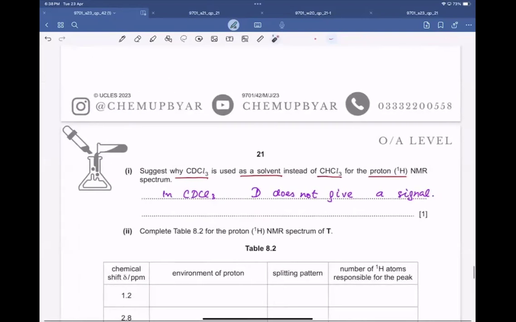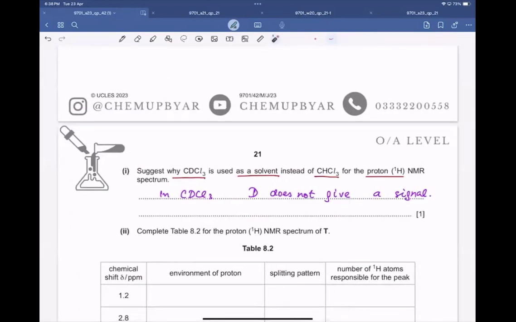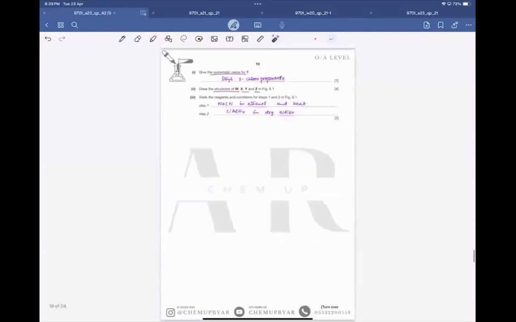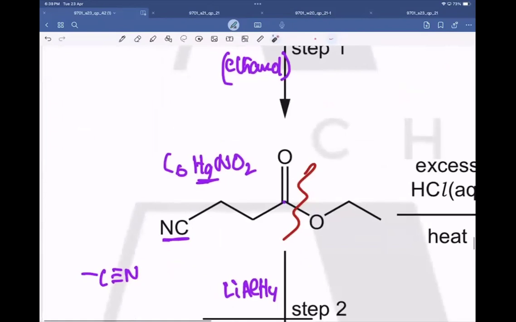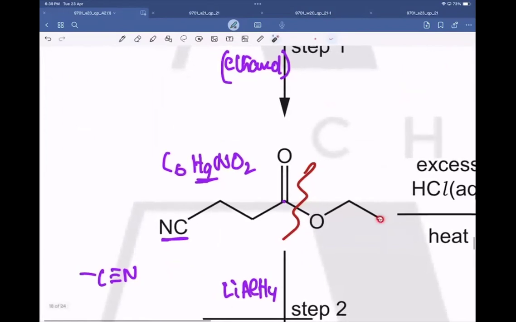Yes, Alina, see, 1, 2, 3, 4, 5, and 6 carbons. There are 6 carbons, 9 hydrogens, and NO2.